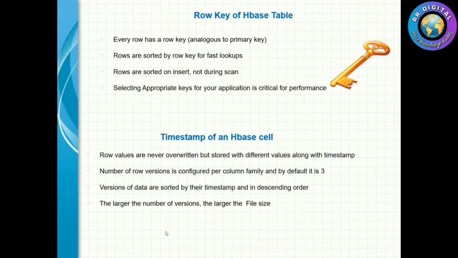We already discussed this, right? When you are trying to retrieve the data, it will not apply sorting at that time. While inserting data into HBase, it applies sorting at that time itself. To retrieve data, we use the scan command. That's why sorting happens not during scan, not during retrieval, but while inserting data.